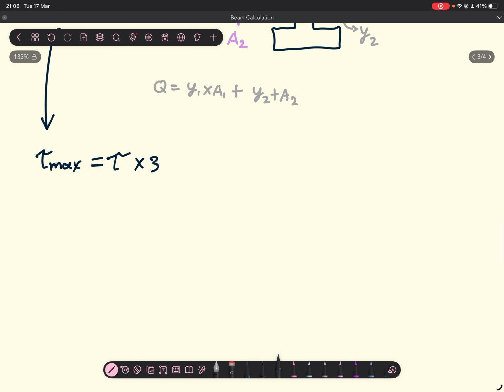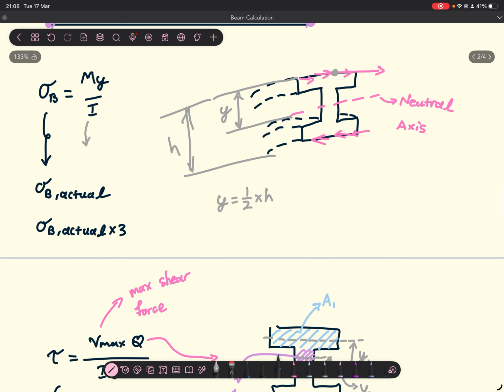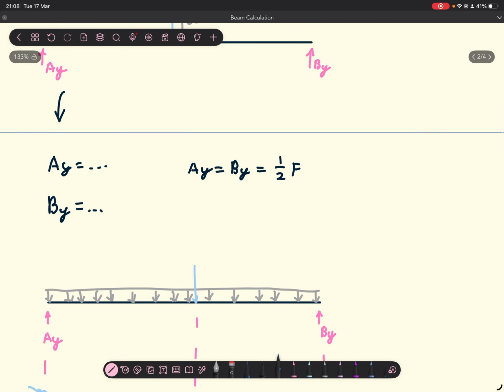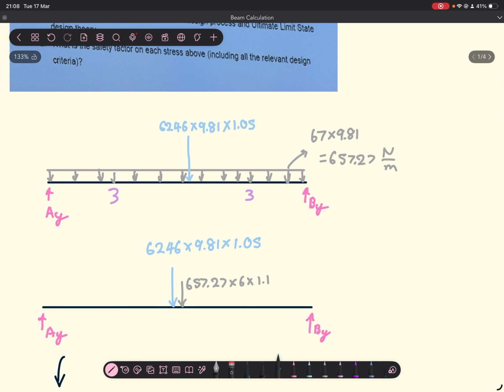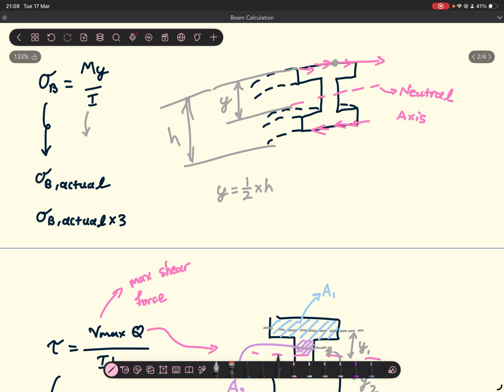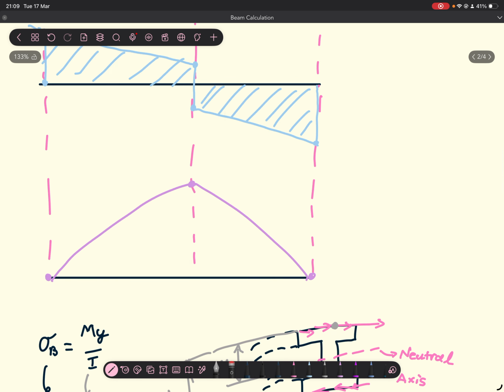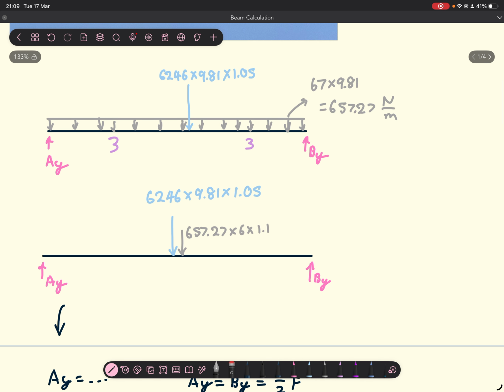Now for the second question, we're kind of asking, what if the worst has happened and our stresses are at this value over here, right? So our stresses are 3 times as high, and all of our forces are multiplied by this factor, so they're higher.